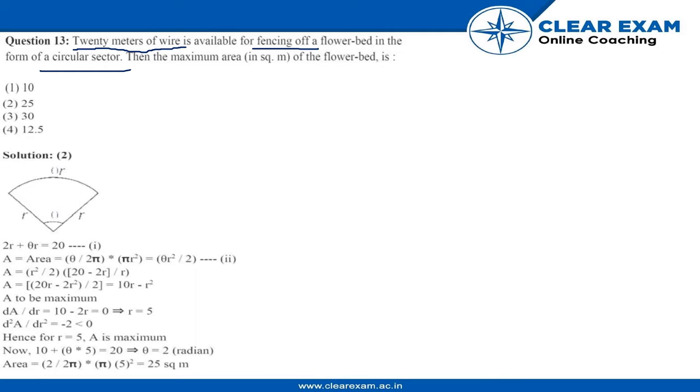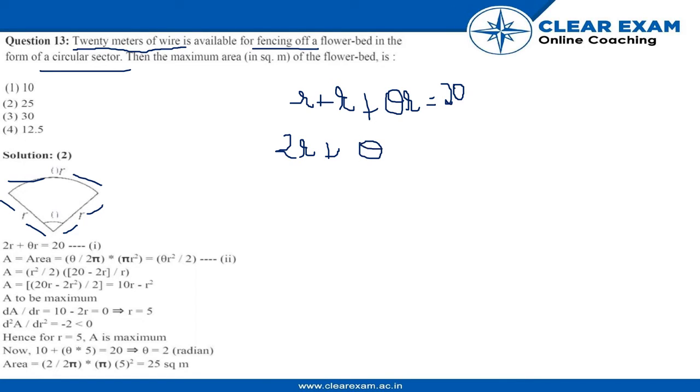That means r plus r plus theta r is given to us as 20, and you can also see this in the figure. After adding this, it would be 2r plus theta r equal to 20.